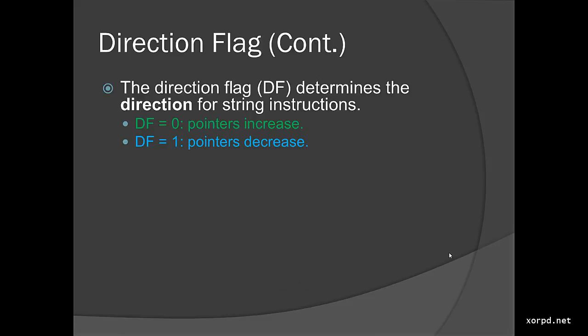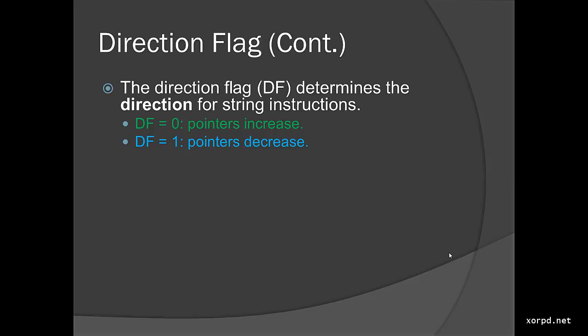The direction flag determines the direction for string instructions, which means that for direction flag equals 0, the pointers increase, and for direction flag equals 1, the pointers decrease.